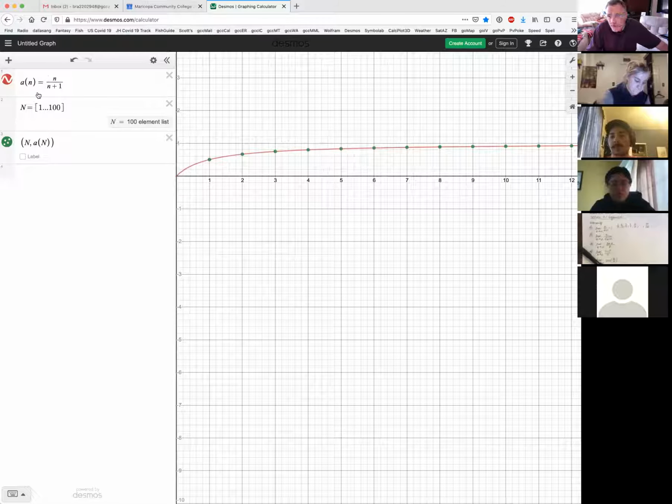So wherever this function for the real values goes, then this function has to go in the same place for the green dots. The green dots don't get off of this red line. So wherever the red line is going, the green dots are going. This is kind of a nice observation, and we can formalize it a little bit more, but it basically says, if you can find the limit of this function over the real numbers, then its limit over the natural numbers is the same.